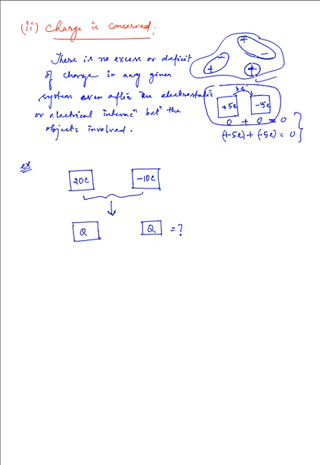Now, the electrons, as we know, possess the negative charge. So that means that the negatively charged body has an excess of electrons, and this body has a deficit of electrons, and it is those electrons which will flow from the excess to the one having the deficit, in order to balance the situation.